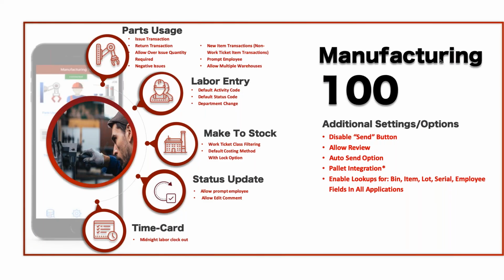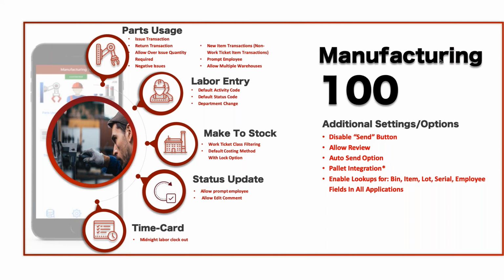Looking at what manufacturing is now and some of the new features that are available now, if you're familiar with the solution, this list has gotten bigger and it's continuing to get bigger. Of course, we have parts usage, labor entry, all the things that I went over, but now you're going to see those status updates. So that is now available, and we're actually going to demo that here very shortly. But for the parts usage, some of the key features and differences when it comes to a Manufacturing 100 solution are things like being able to do negative issues or returning transactions.